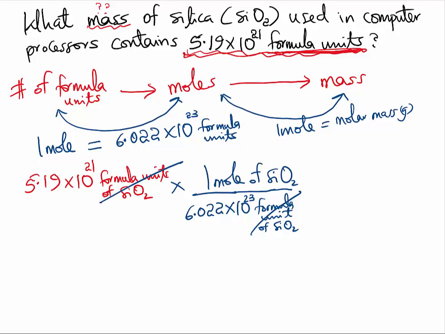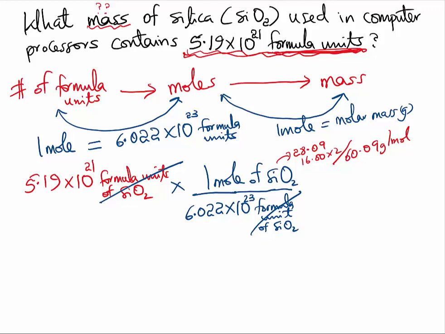We can then change the mole to the mass, but we will first need to know the molar mass of SiO2. From the periodic table, silicon is 28.09 and oxygen is 16.00. We have 2 atoms of oxygen. If you add up everything, you should get 60.09 gram per mole.